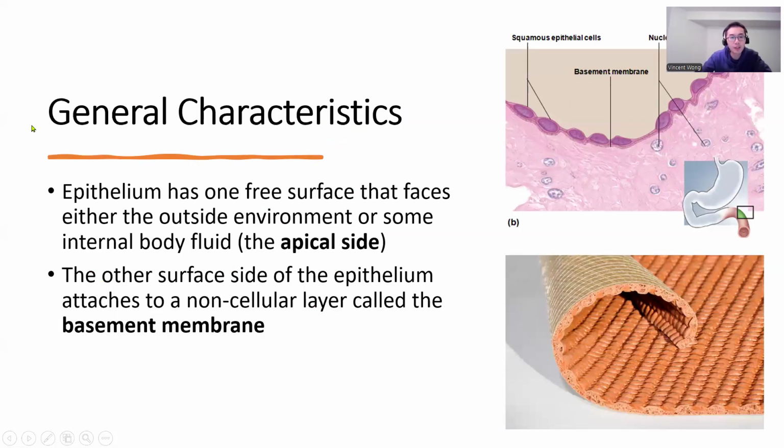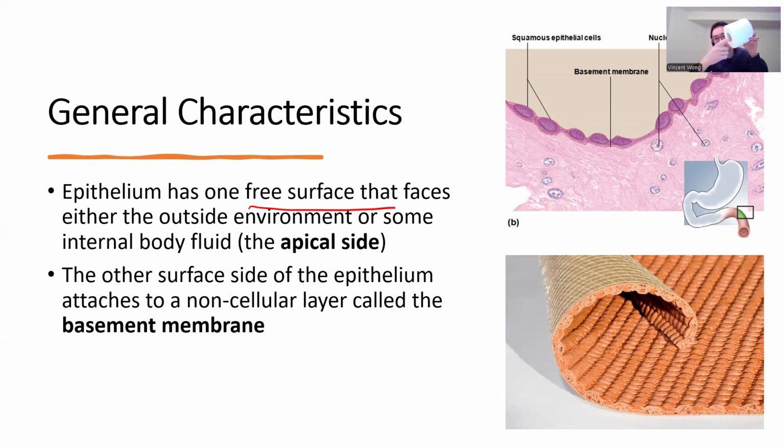The general characteristic of epithelial tissue is that it has one free surface. That's the side that's going to be facing the environment. Okay, that's going to be the side that's facing whatever fluid is passing through it, and we call that the apical side. So if you imagine the intestinal tract here, this is the apical side.